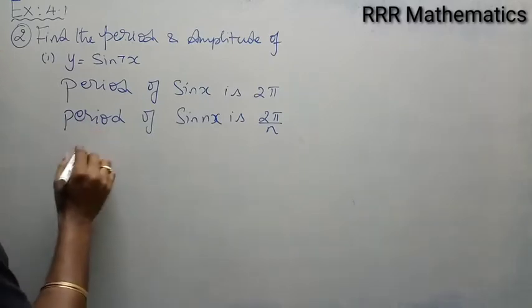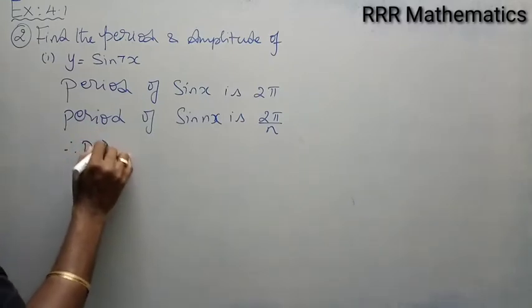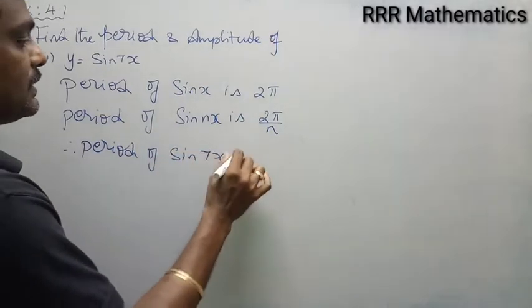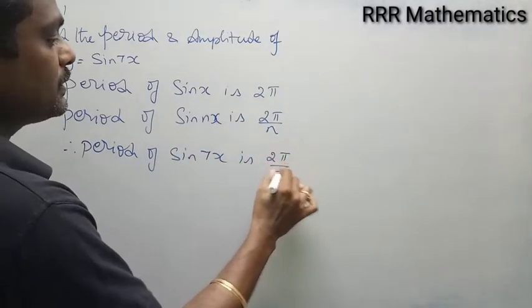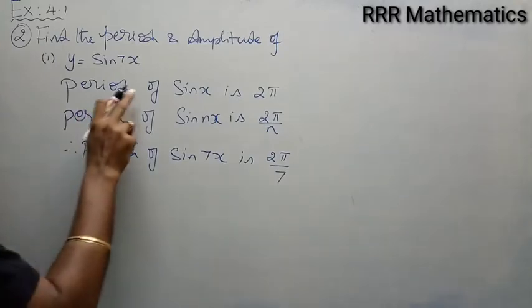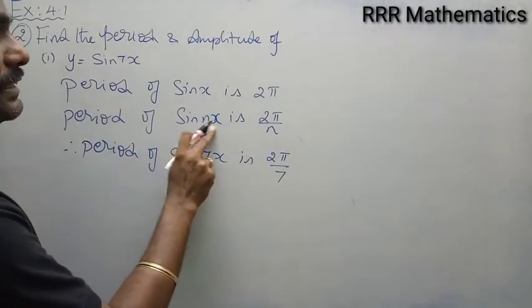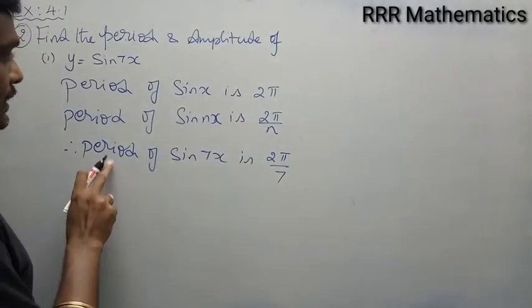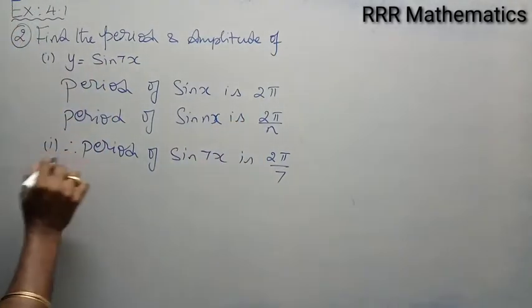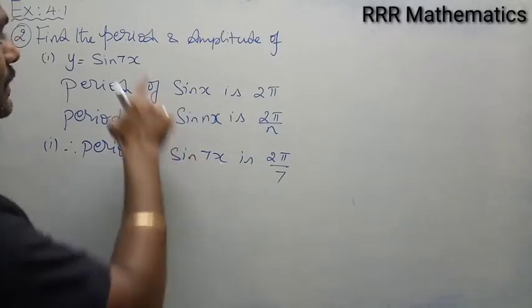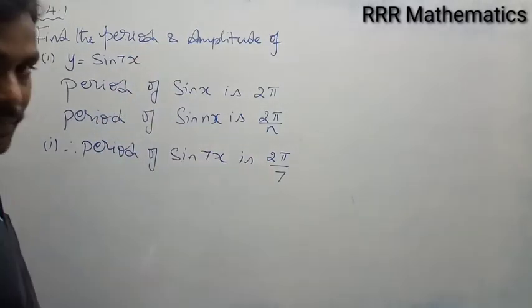Got it? So period of sine 7x is 2 pi by 7. That's all. Period of sine x is 2 pi. In general, period of sine nx is 2 pi by n. In this case, you want to calculate the period of sine 7x, that is, period of sine 7x is 2 pi by 7.